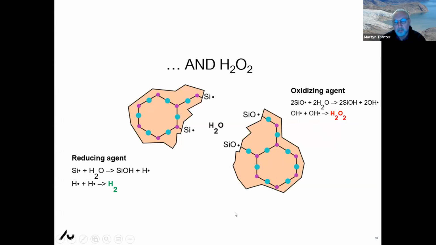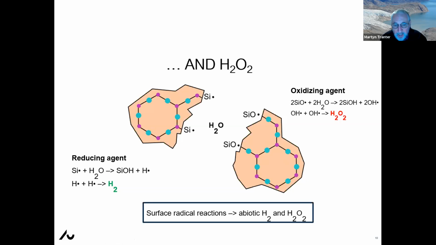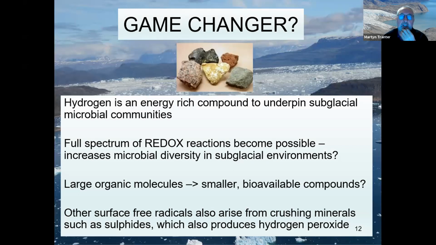So I've gone from having a grain of sand, crushing it by a glacier, wetting it, say, with some regelation water, and all of a sudden we've produced hydrogen. That's in the literature, hydrogen peroxide, and people are looking for that now. And abiotically, then, we've produced two extreme redox species.